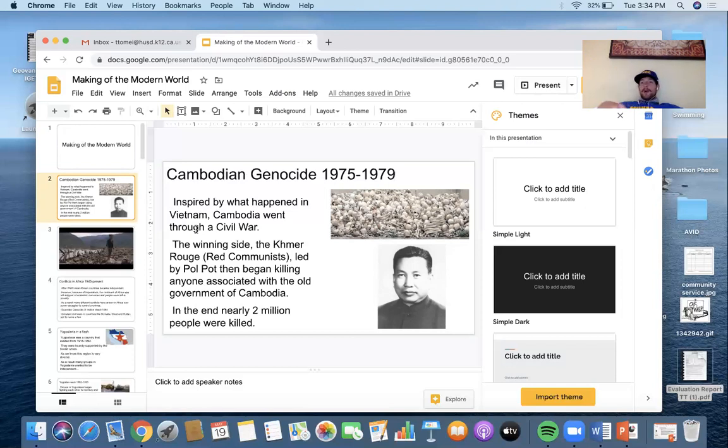Pol Pot's name often gets mentioned. And so there's books and films on the Cambodian genocide. Unfortunately, given what the state wants you to learn, there's just not enough time to really go into the full details of it. But there's a lot of good stuff on it that you can find online if you are interested.